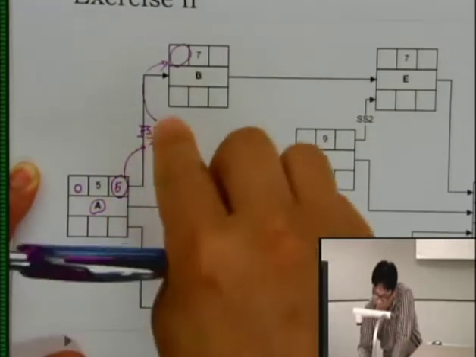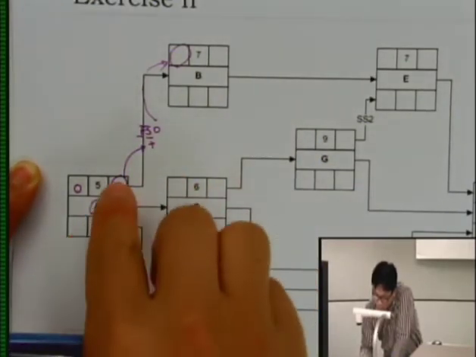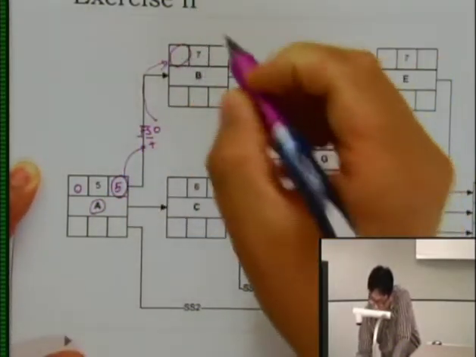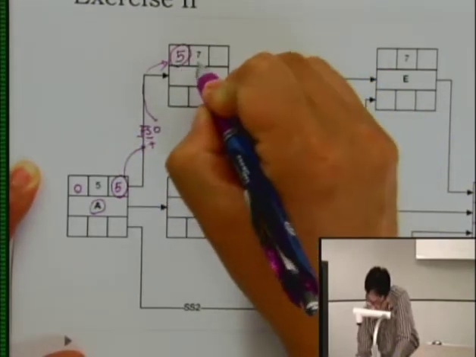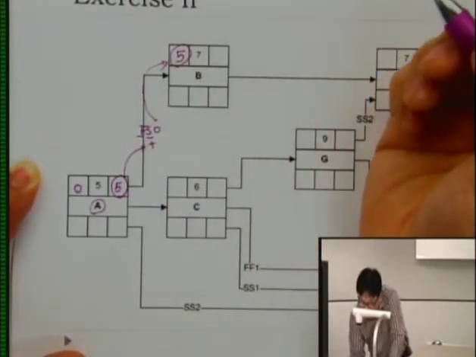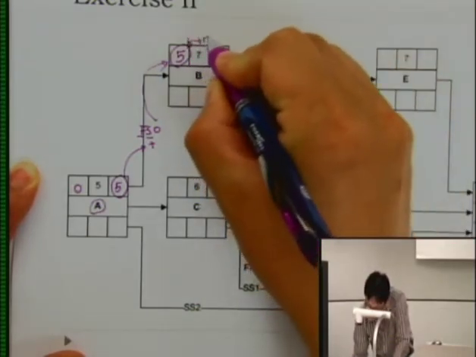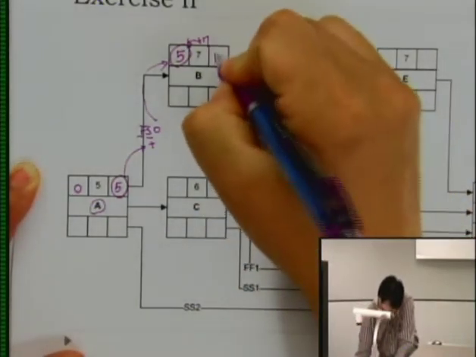The finish of activity A will be 5 plus your lag 0 becomes the early start of activity B. So that becomes 5. The duration of activity B is 7, so 5 plus 7, the early finish day will be 12.